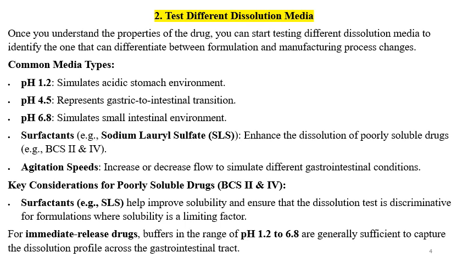Common medias are the medias with pH relevant to the GI environment: pH 1.2, pH 4.5, pH 6.8. These pH are selected considering the GI pH range. pH 1.2 simulates acidic stomach environment. pH 4.5 represents gastric to intestinal transition. pH 6.8 simulates small intestinal environment.